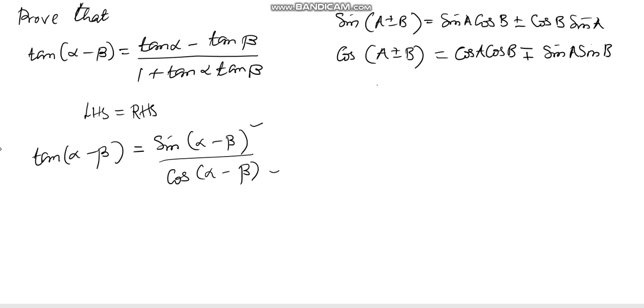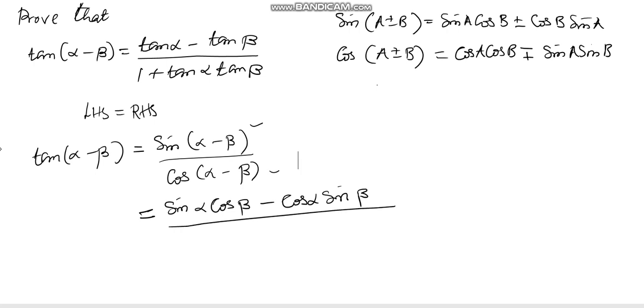So where there's sine(alpha minus beta), we're going to pick the identity sine alpha cos beta minus cos alpha sine beta, like this, divided by, for the cosine function, you notice that we have plus or minus.